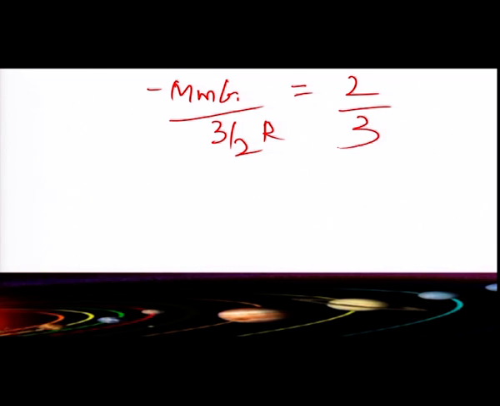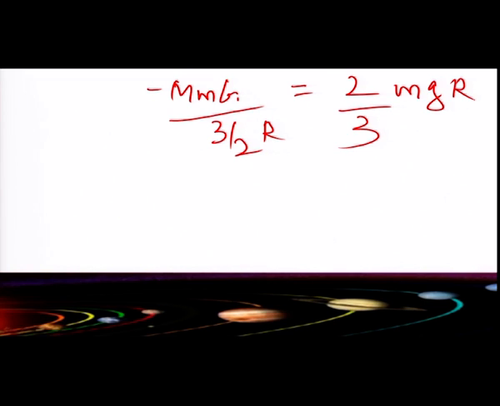Therefore, the potential energy of the body is minus m M G divided by 3 by 2 R. So, when you simplify this, we will get minus 2 by 3 mgR.